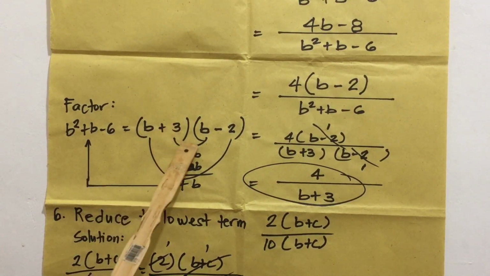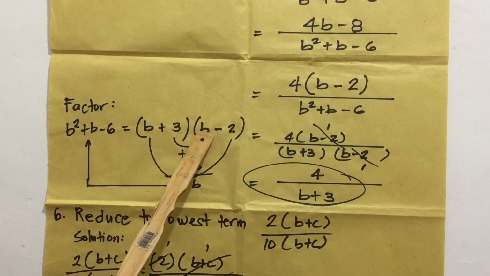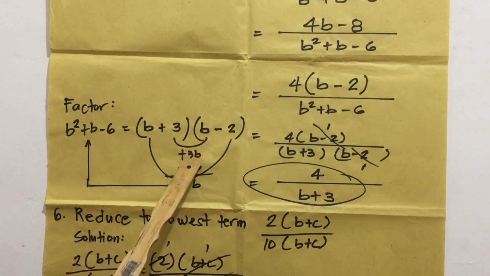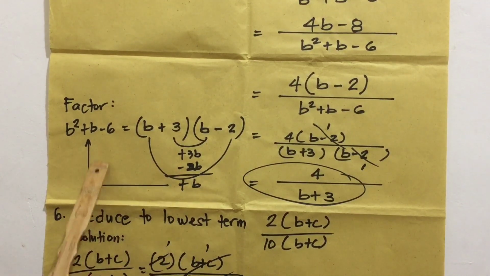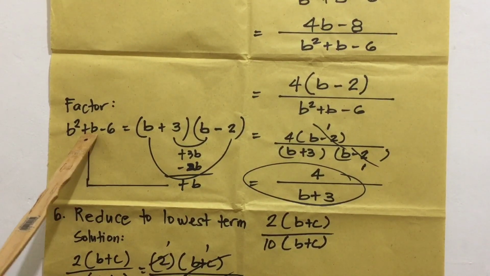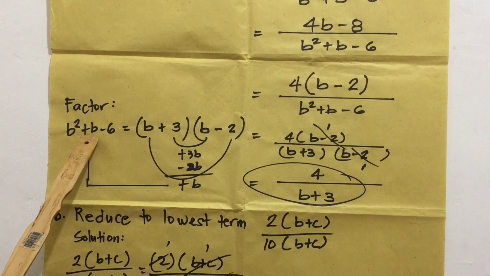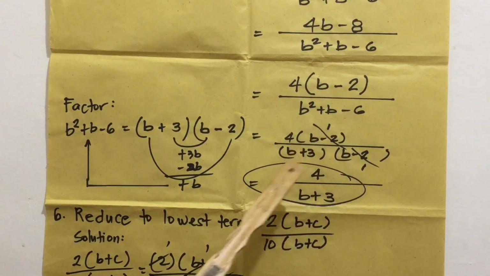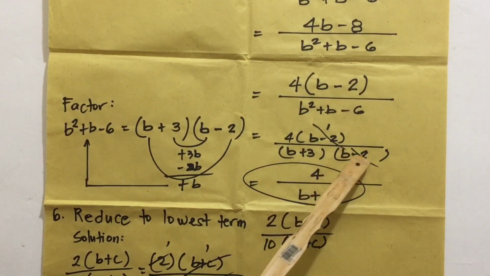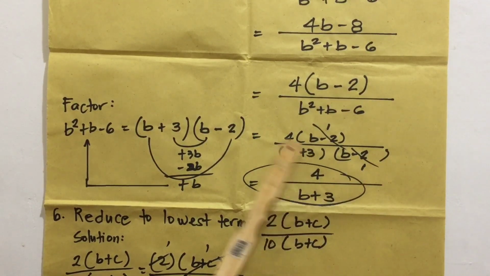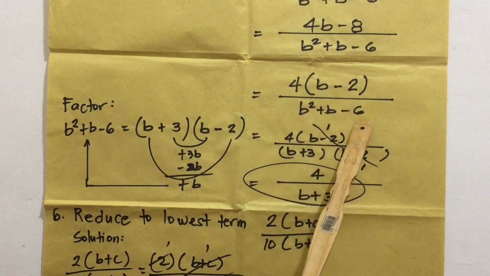And if we multiply 3 and b we get 3b, then b and negative 2 gives negative 2b. If we add them, the answer is positive b, which is equal to the middle term of the given expression. So our factored form is (b + 3)(b - 2). This is the factor of this denominator.